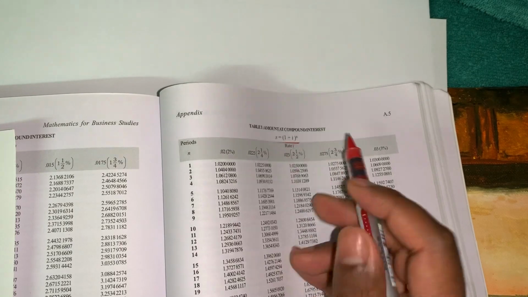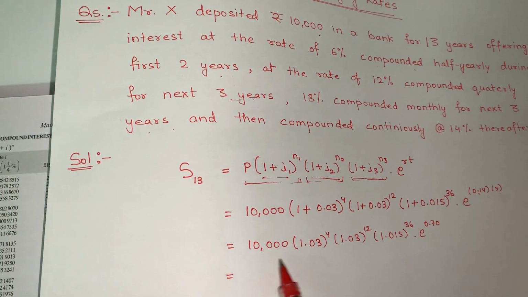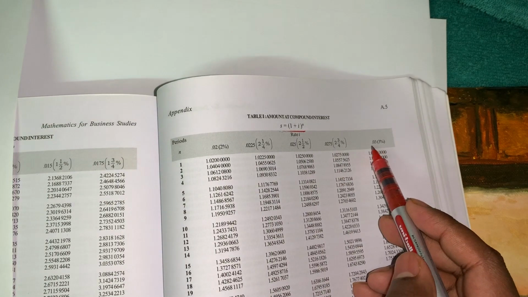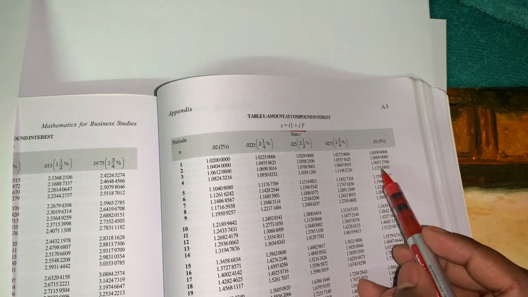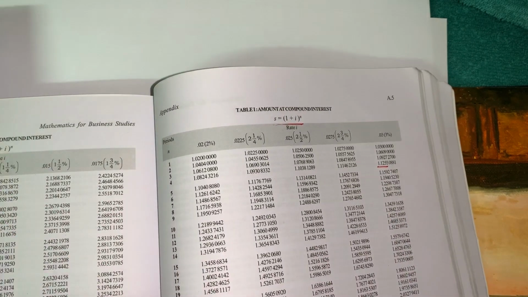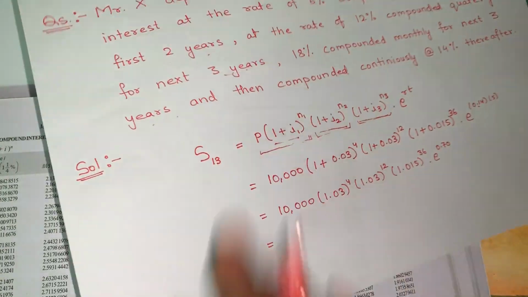P is the missing thing here, so that's the reason we are multiplying P here. So 1.03, for this we will be looking at 3%. So 3% here is 0.03 to the power 4. The value that we get is 1.1255. So we will write it here, with 10,000.